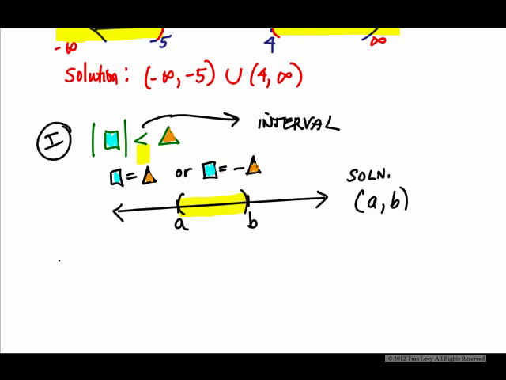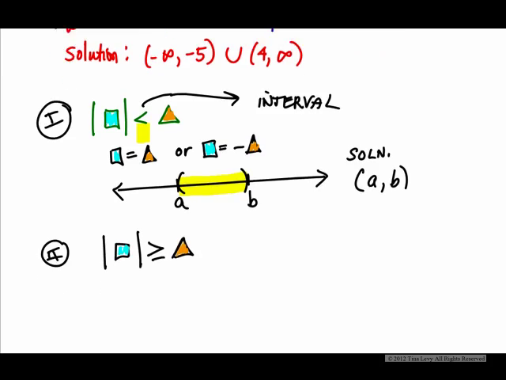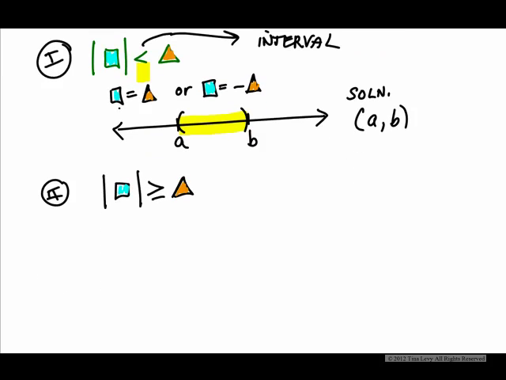Our second one is if I say absolute value of box greater than, let's say greater than or equal to triangle, I'm going to have the same number line because I will have solved box is triangle, or box is negative triangle.